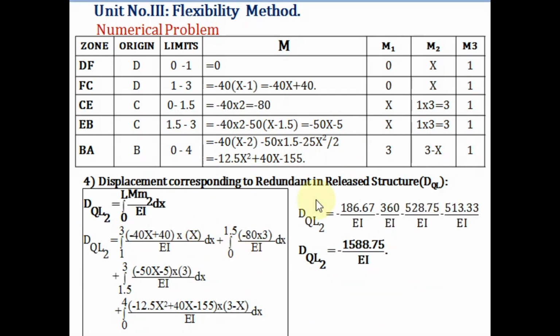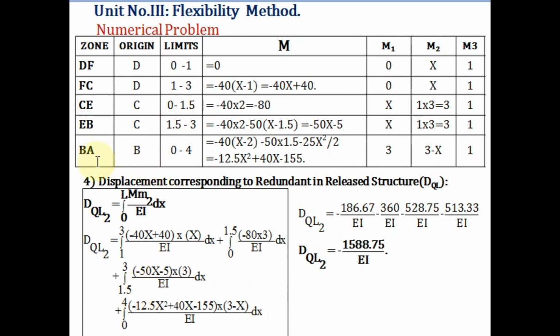Okay. Again, for zone DF the limit is 0 to, for zone DF, as the value of capital M is 0, this term will be equal to 0, and for FC limit 1 to 3, minus 40x into x upon EI. Then for zone CE limits 0 to 1.5, minus 80 into 3.